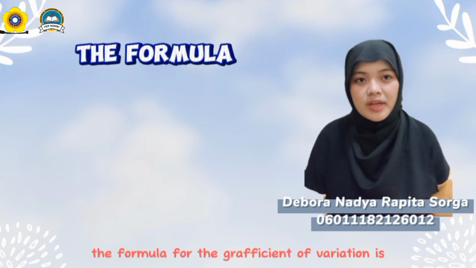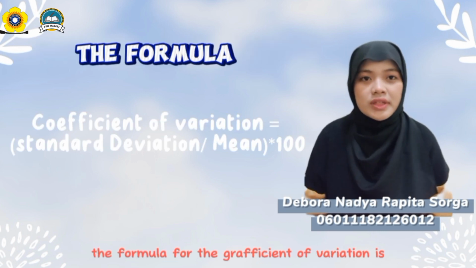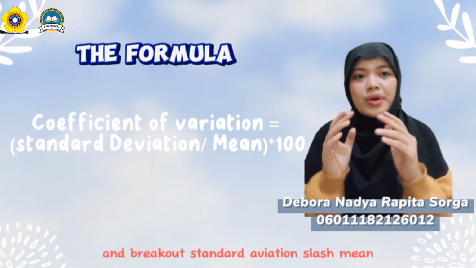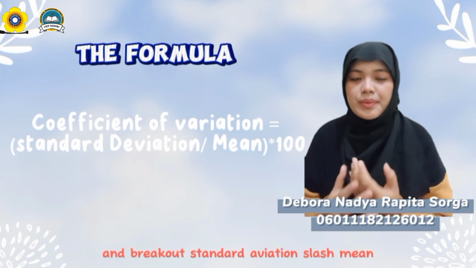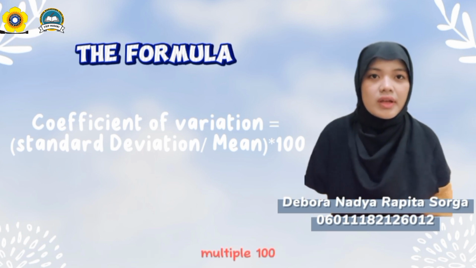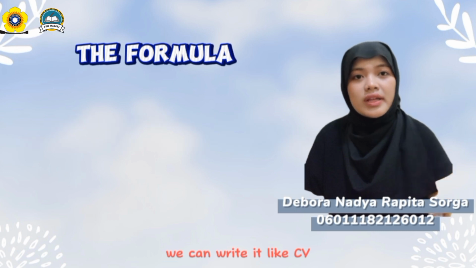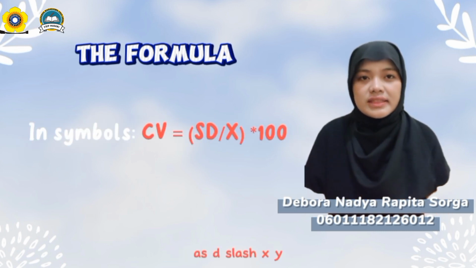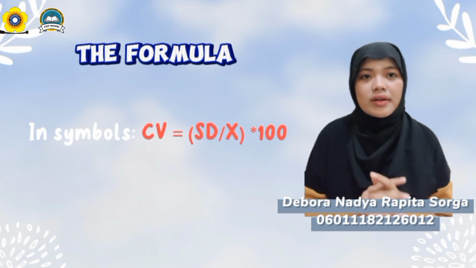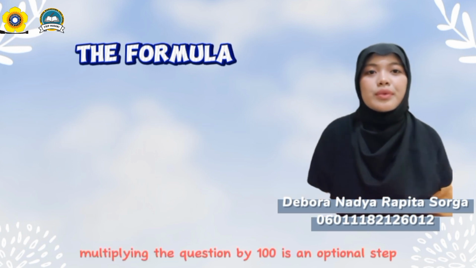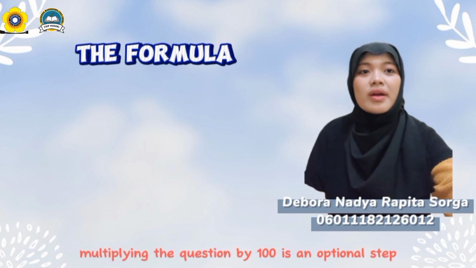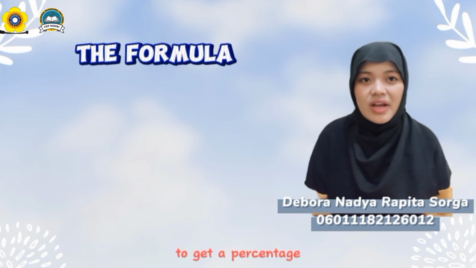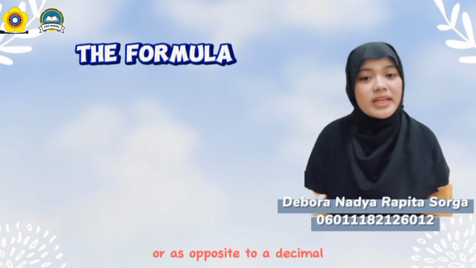The formula for the coefficient of variation is: coefficient of variation equals standard deviation divided by mean, multiplied by 100. In symbols, we can write it as CV equals SD divided by X bar, multiplied by 100. Multiplying the coefficient by 100 is an optional step, to get a percentage as opposed to a decimal.